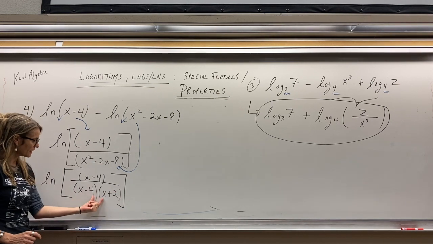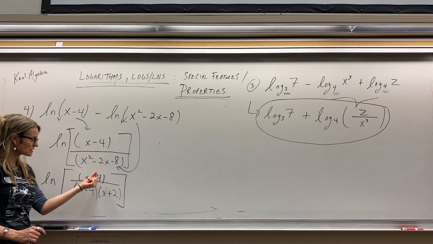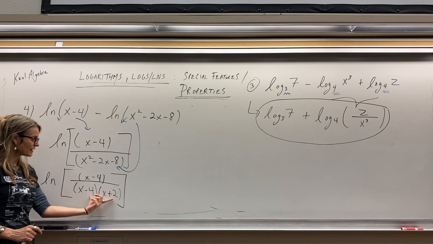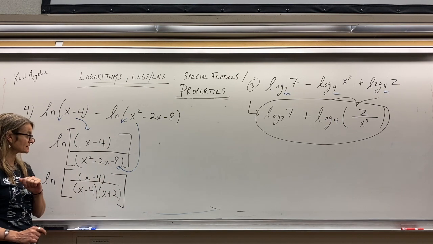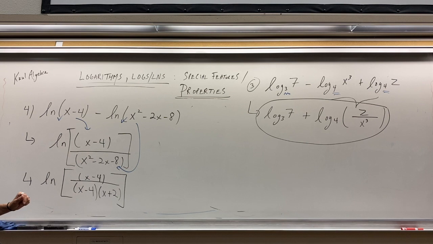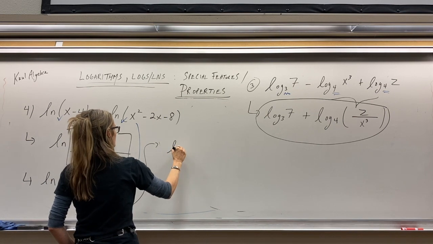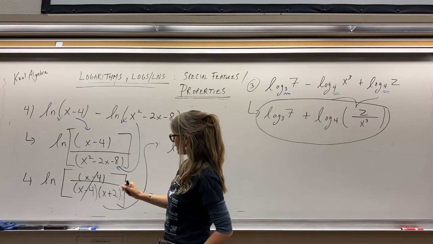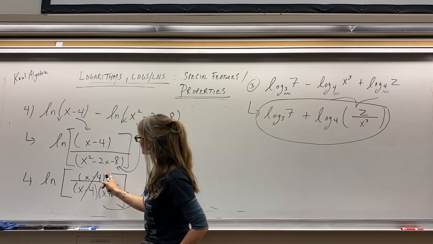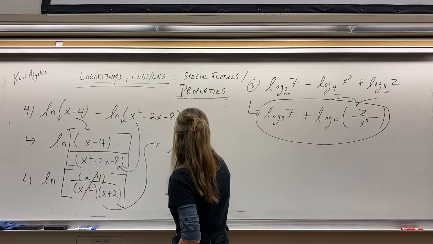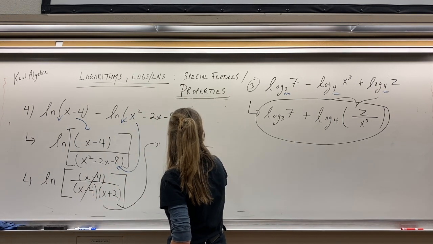So if I check this, minus 4x plus 2x gives me a minus 2x in the middle. Minus 4 times plus 2 gives me minus 8. So actually the numbers work. This works out really nicely. So what I end up with is an answer I can simplify internally in this case, and I'm left with ln of 1 over x plus 2.